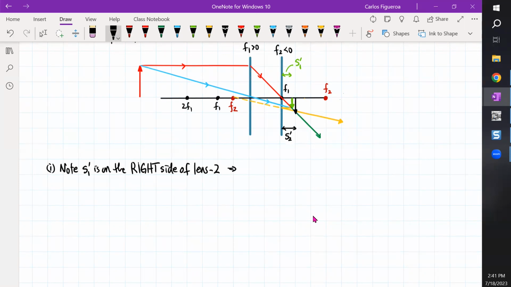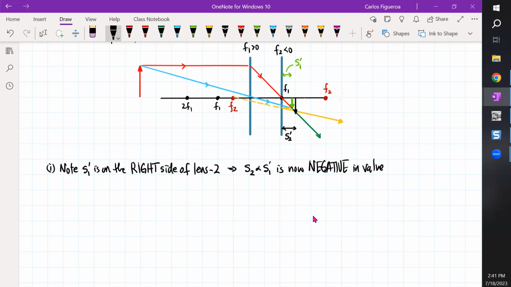That implies that S2, which is proportional to S1 prime, is now negative in value. So you have to put that into your equation as negative.